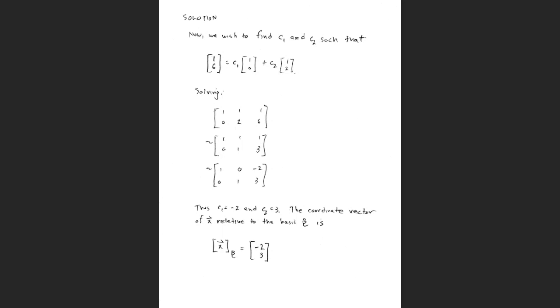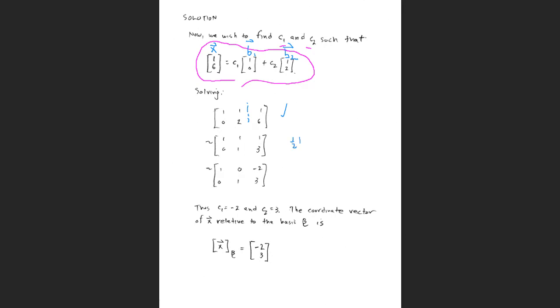What we need to do is find C1 and C2 such that C1 times B1 plus C2 times B2 equals the vector X. And to answer that question means solving an augmented system of equations. Very easy to solve.